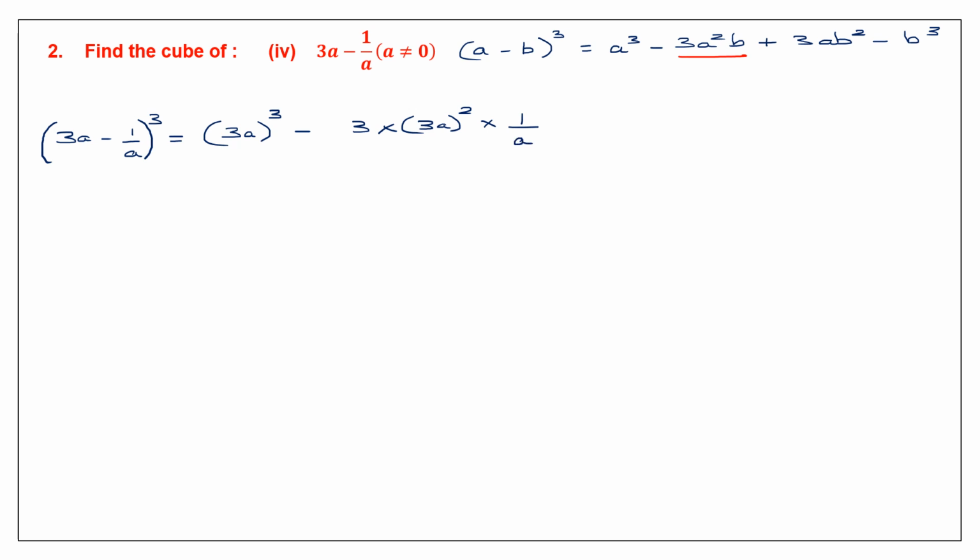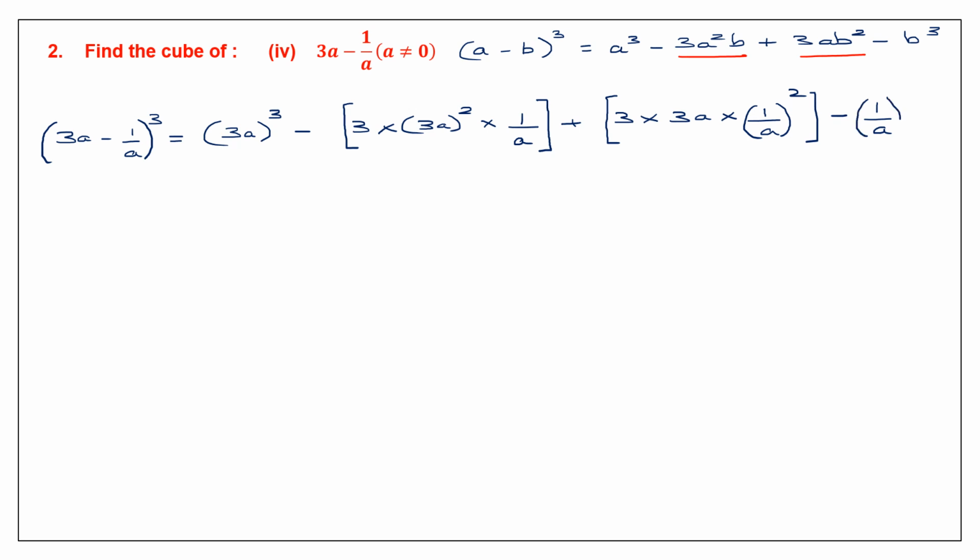Now let's take 3ab square, so that will be plus 3ab, that is 3 into a is 3a into b square. B is 1 by a. Now the square of this. This is 3ab square, which we've got here. Now we continue with minus b cube. So we have minus, now b is 1 by a, the cube of this.